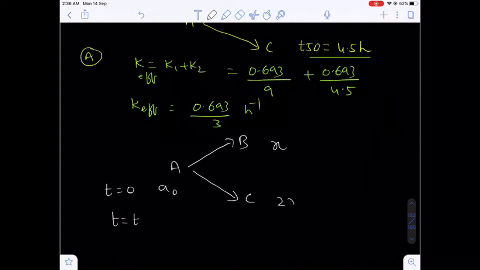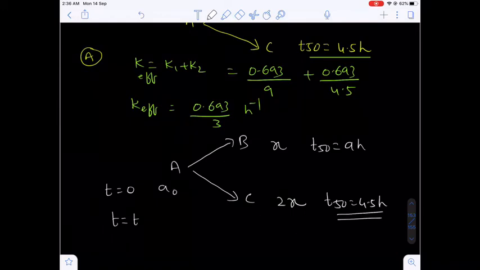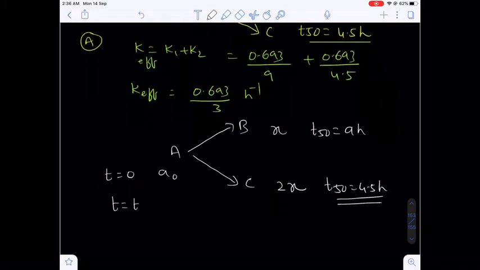According to that, how many moles of C should be formed? 2x moles. Why is the concentration of C double the concentration of B? Because here the half-life is 9 hours, but here the half-life is 4.5 hours. That means two half-lives are there here, so double the concentration of B, the C will be formed. The concentration of C will be double the concentration of B.